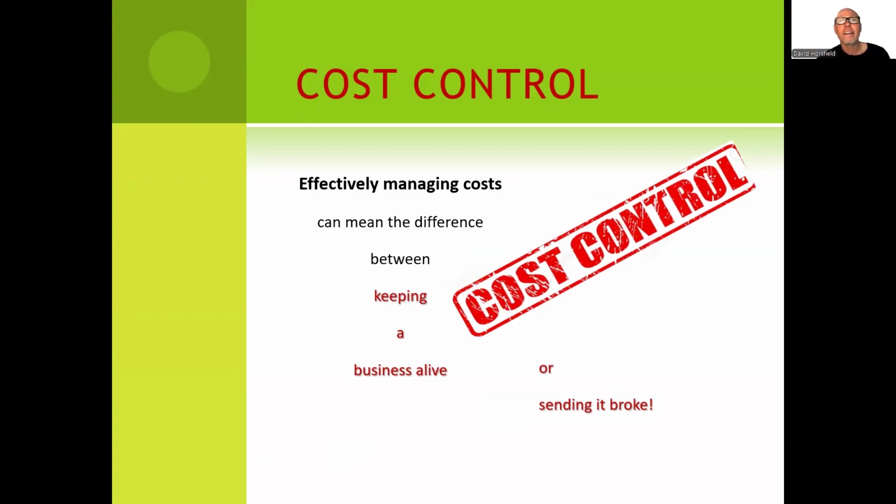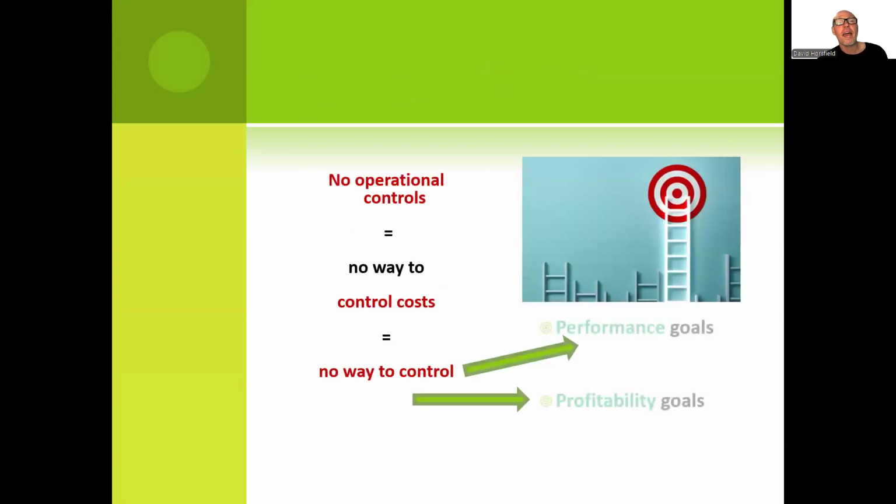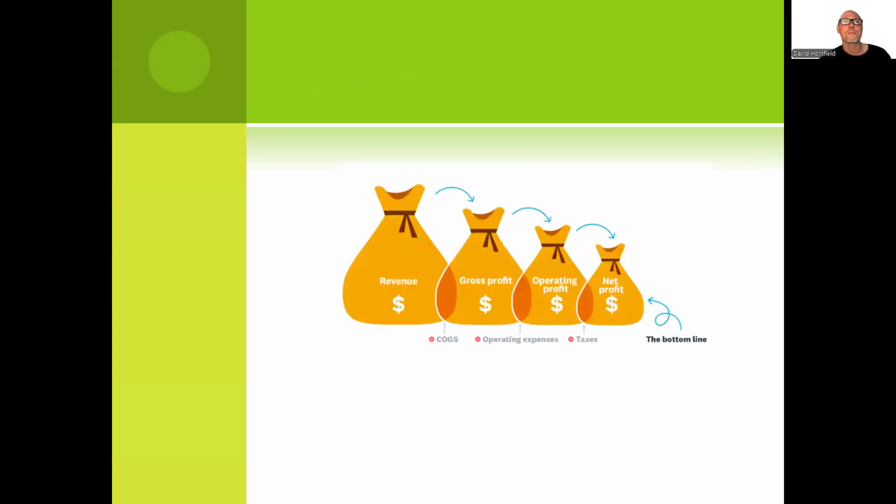It's not called costs will figure themselves out. It's called cost control. If we don't have controls, then we have no way to figure out performance goals and no way to manage anything, and we don't have an impact on profitability goals. So it all starts with cost control. Control your costs.